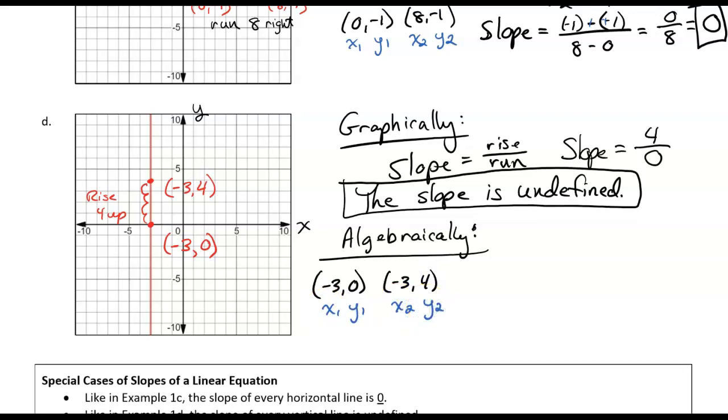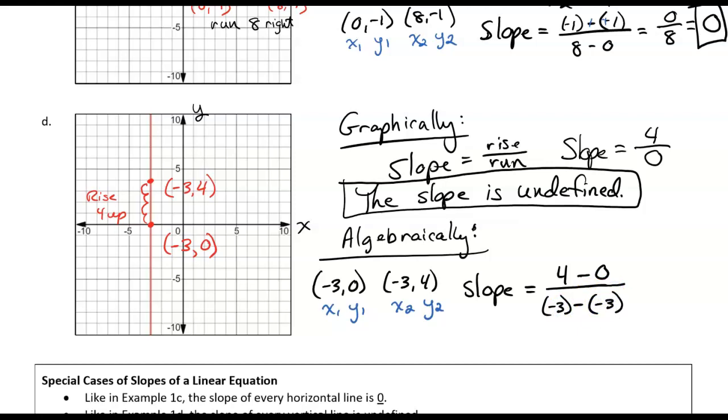Maybe at this point you're good without the label. We're going to say our slope is equal to, let's check our y values. Those go on top. y2 minus y1, that's 4 minus 0. x2 minus x1, that's my denominator, so x2 is -3. Minus x1 is another -3.